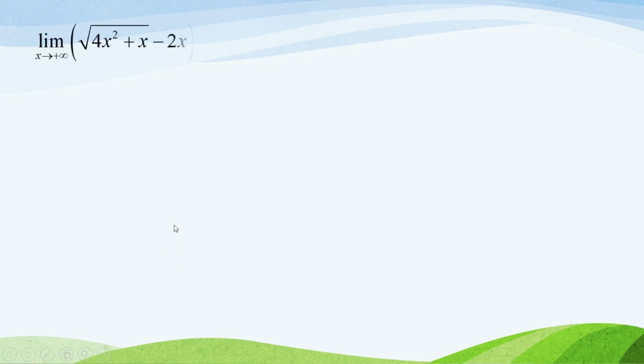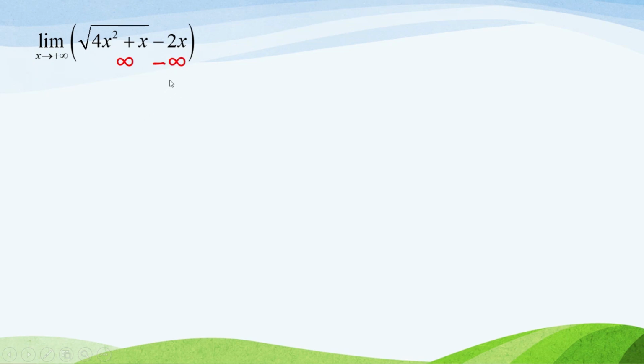For this question, the limit as x approaches infinity of the square root of (4x squared plus x) minus 2x. When we substitute infinity in x, we get the square root of 4 infinity squared plus infinity, minus 2 times infinity.